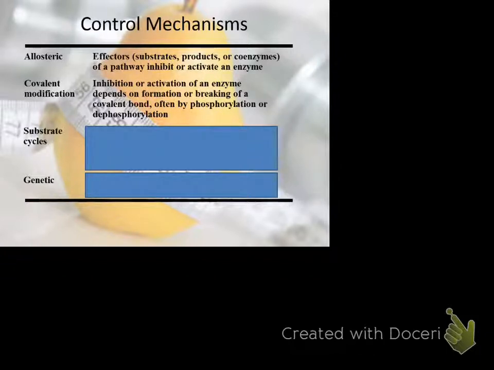The third class, substrate cycles or substrate cycling, is, I think, the most nebulous of the four. To me, it was the most difficult to remember and to explain. What do you suppose that means? In a way, we actually have a couple of other examples that are even easier to explain.